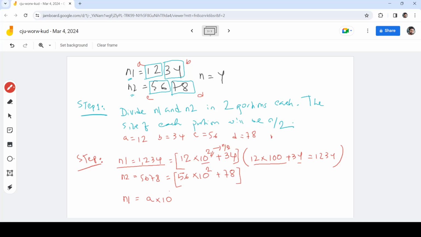In this case, n equals 4. So when we do n by 2, we get 2. So we can write n1 equals a times 10 power n by 2 plus b, and we can write n2 equals c times 10 power n over 2 plus d.